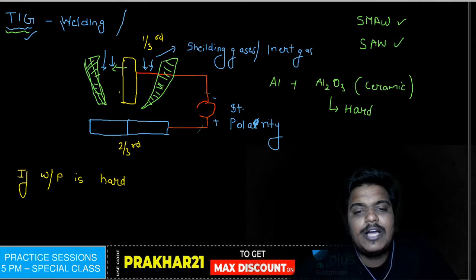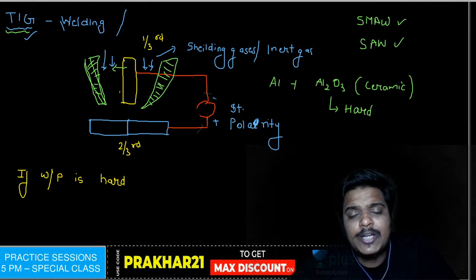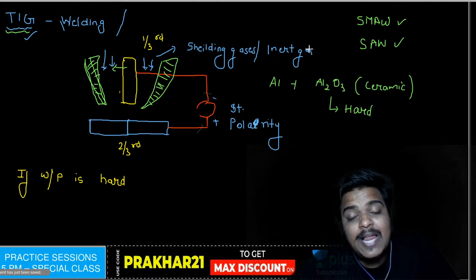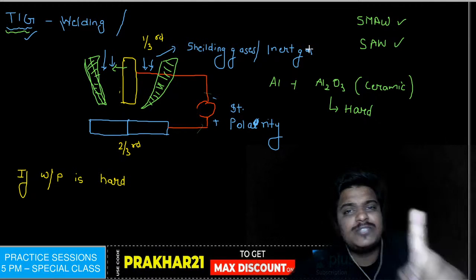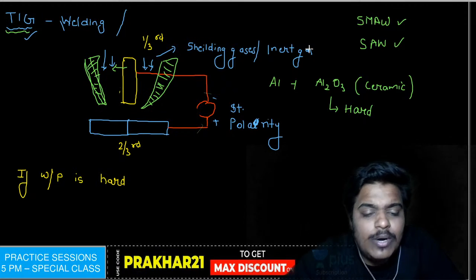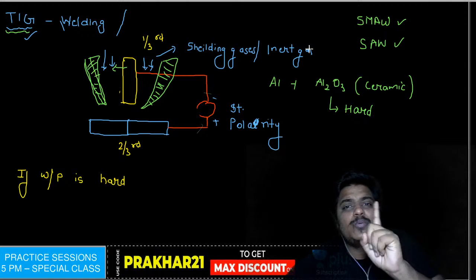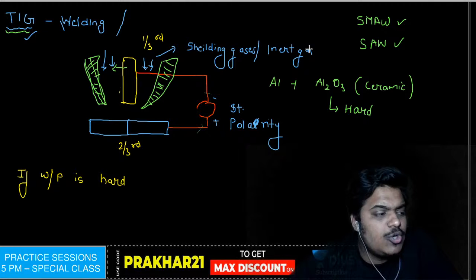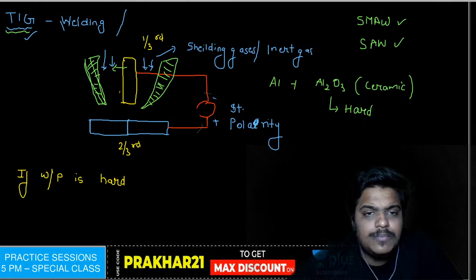Since the electrode is non-consumable, please tell me, if the electrode is not consumable, what is that one extra thing we will use?